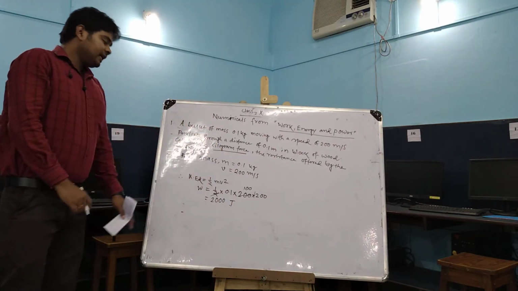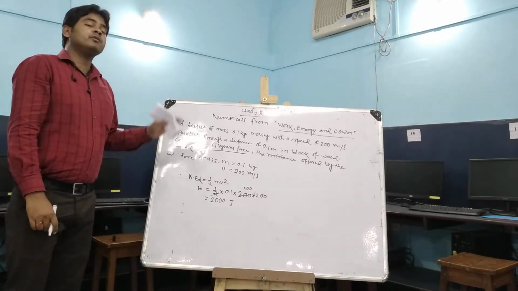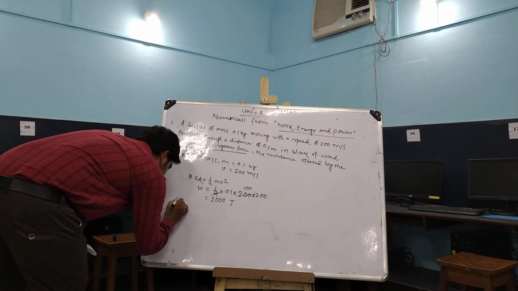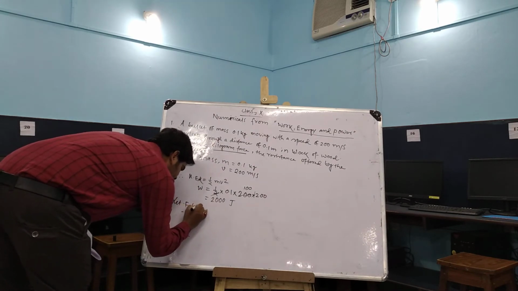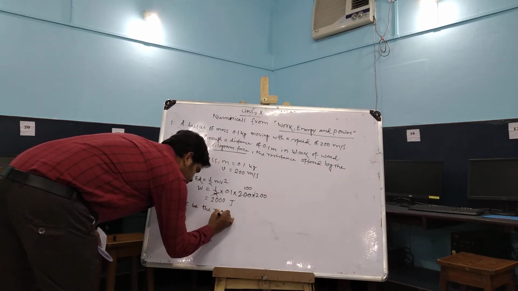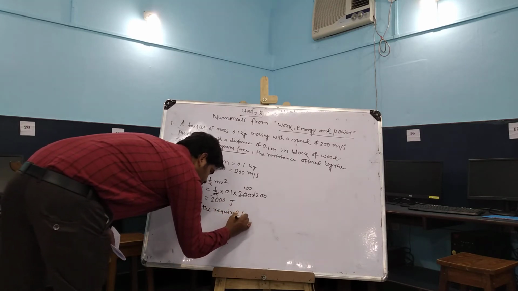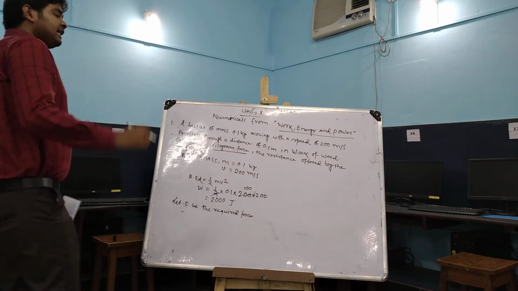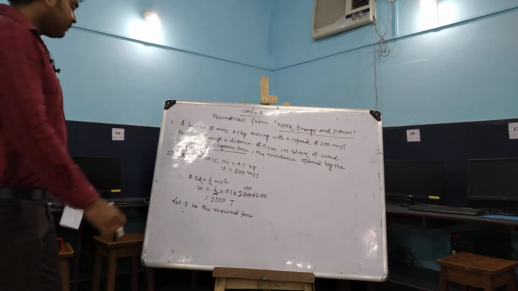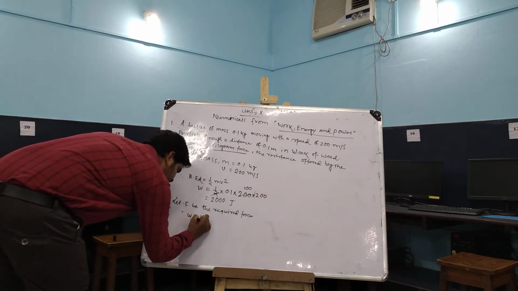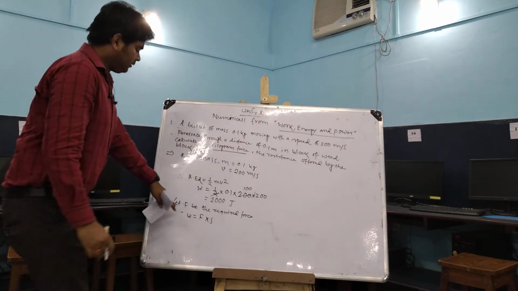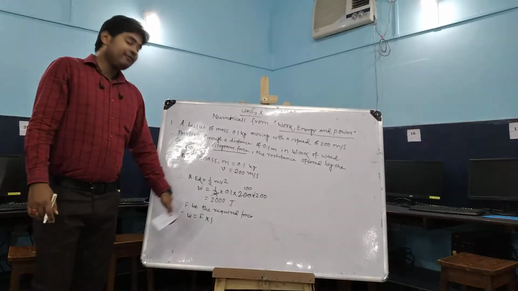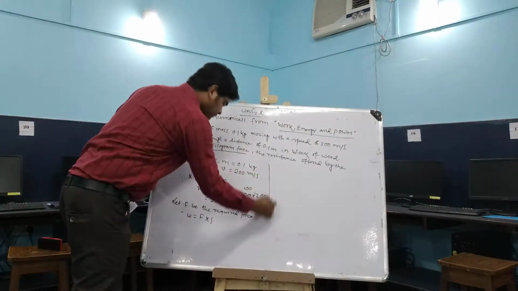Now let F be the required force, which will be calculated. If F is the required force, then work done by that force is equal to F into S, where S is the displacement and F is the force applied.